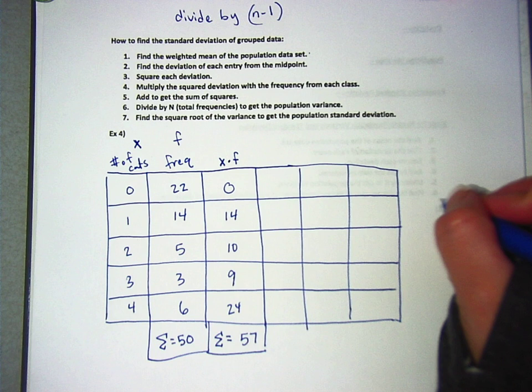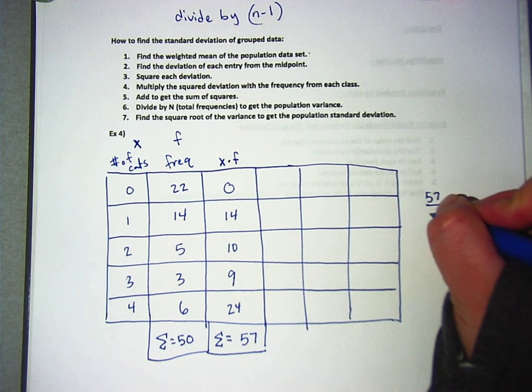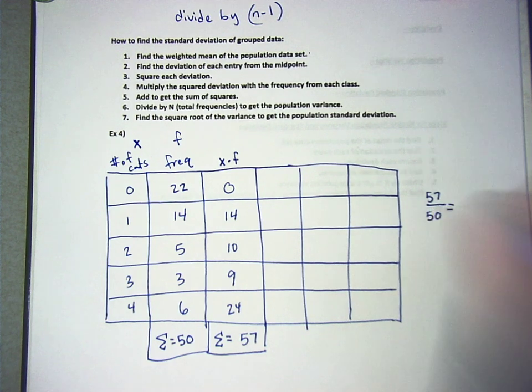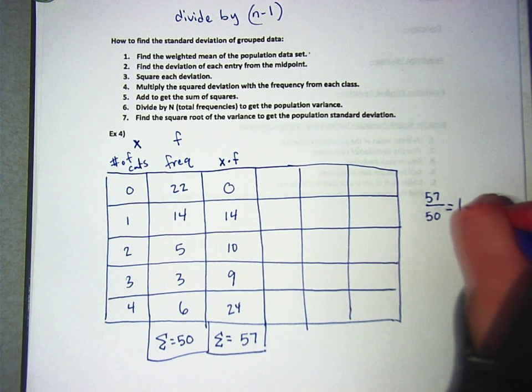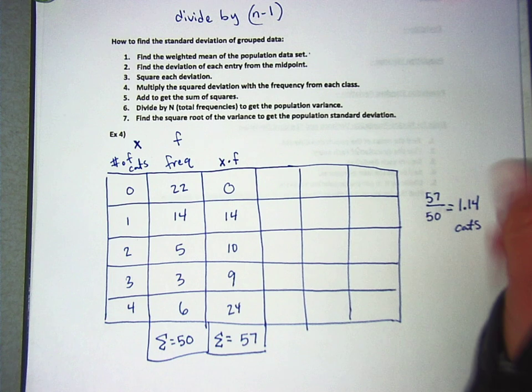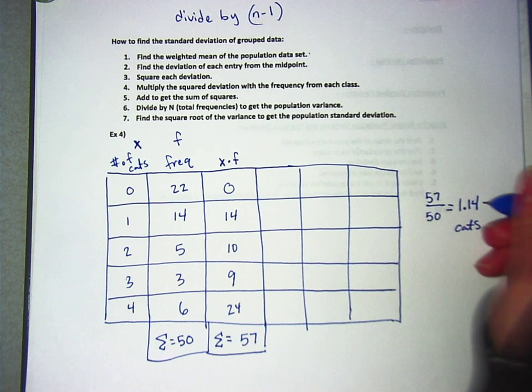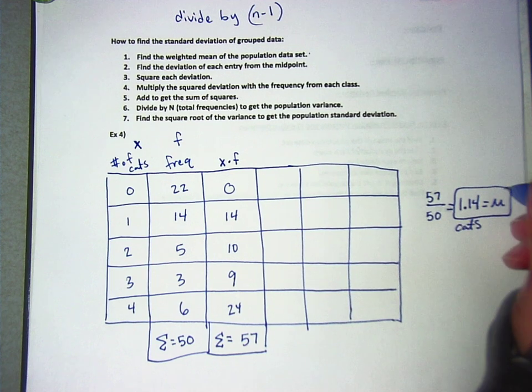And to find our weighted mean over here, we took 57 divided by 50, which was 1.14 cats, or as we have discussed, 1 cat and some cat fur. Probably. This is our mu. This is our mean.